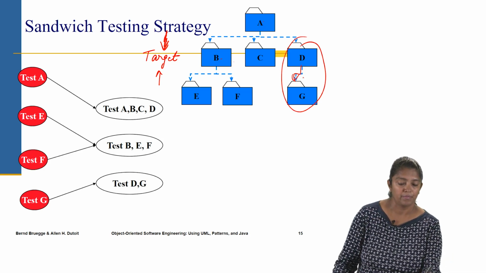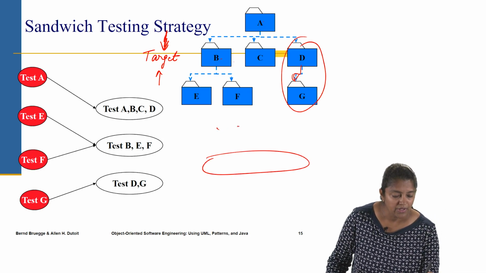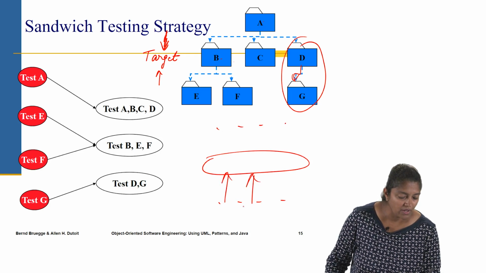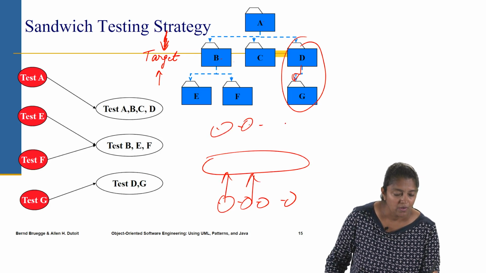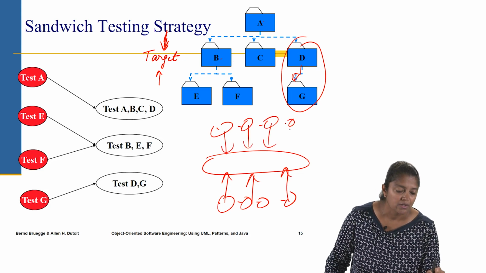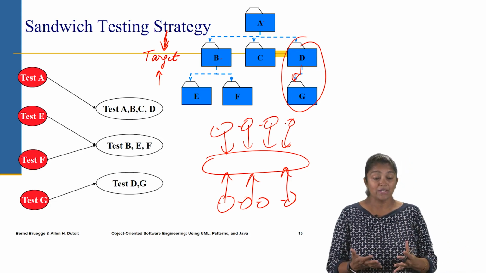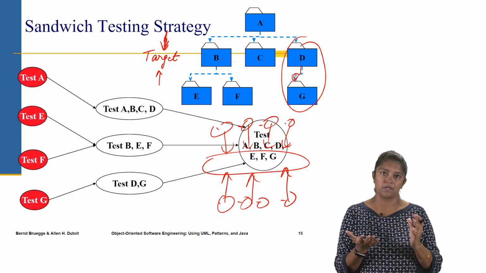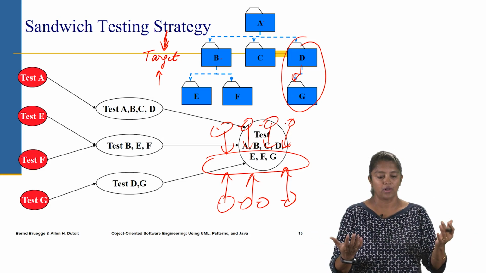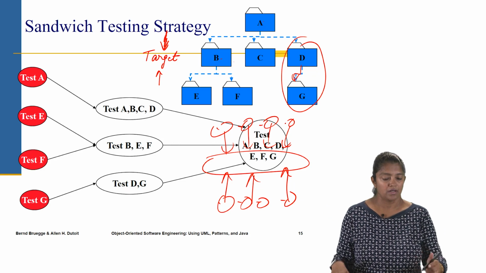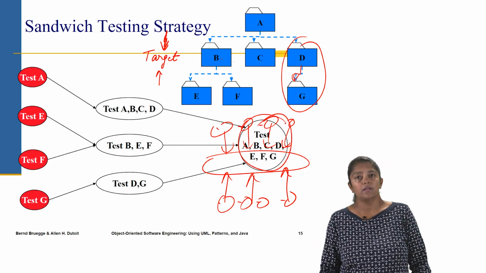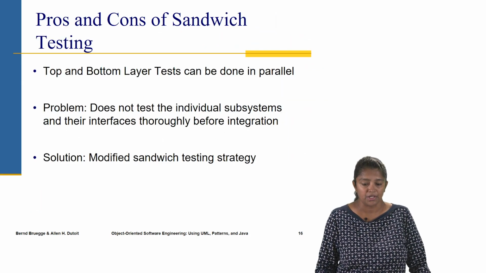So after individually testing all of these, now we're converging any connections that they have with the middle layer, and those are tested. Once that's done, we put the entire system together and test the overall system. So the entire A, B, C, D, E, F, G put together is tested.